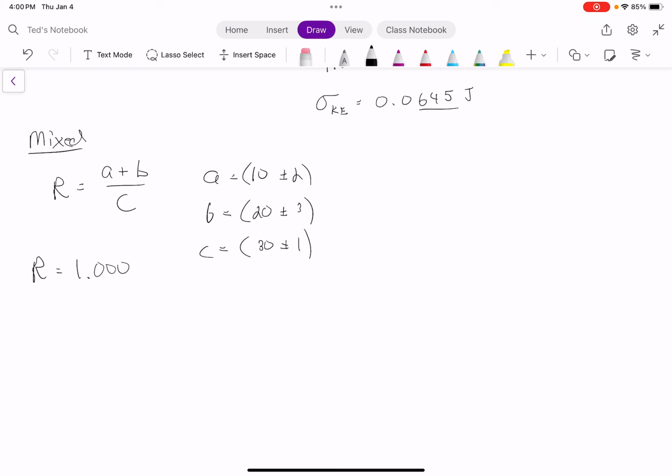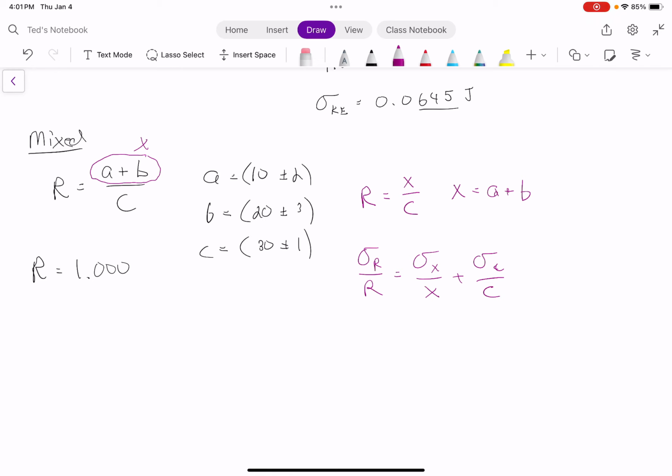Let's start by calling this X. So then R is equal to X over C. Well, now I know what to do, because the uncertainty in R over R is equal to the uncertainty in X over X plus the uncertainty in C over C. But X is equal to A plus B.